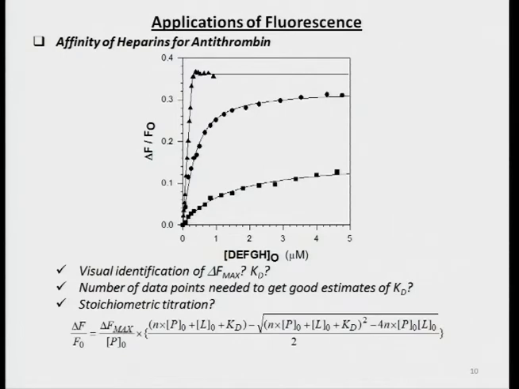So for example, this particular case is non-stoichiometric binding, and this is stoichiometric binding. The way you figure out whether it is stoichiometric or non-stoichiometric binding is that there's a dramatic difference. As you increase the concentration of the ligand, if you find that this much increase in concentration gives you this much change in fluorescence, then doubling the concentration is going to double the change in fluorescence.